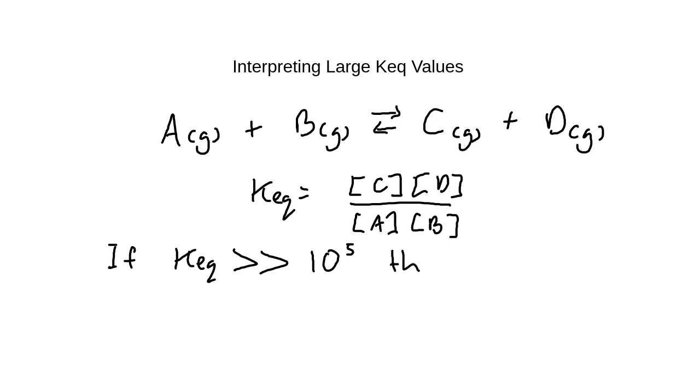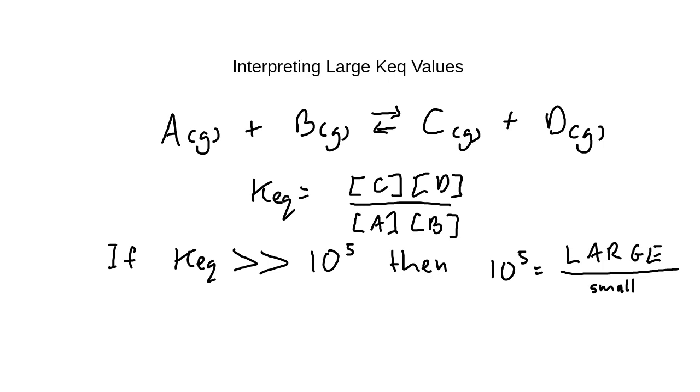then I can make some assumptions about this ratio. So KEQ is really big, right? That must mean we have a very large number on top divided by a very small number on the bottom. That's how you get big numbers from a ratio, right?